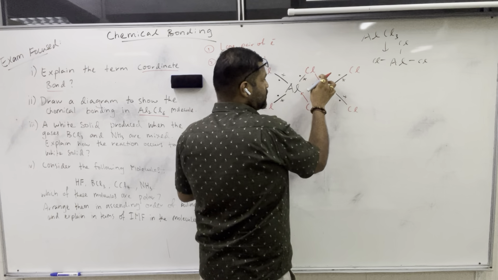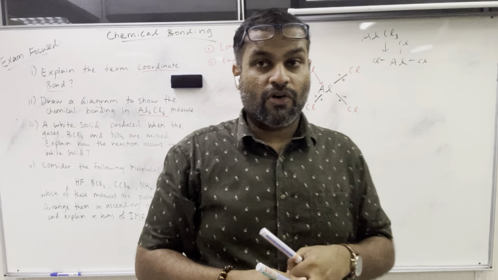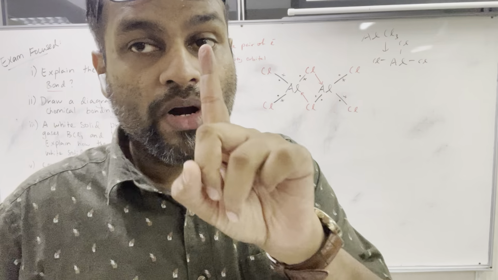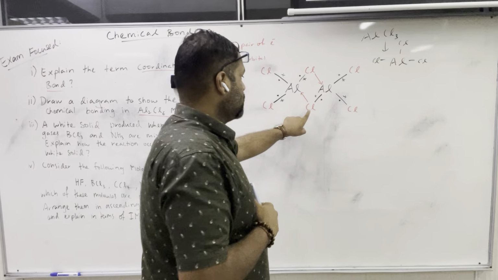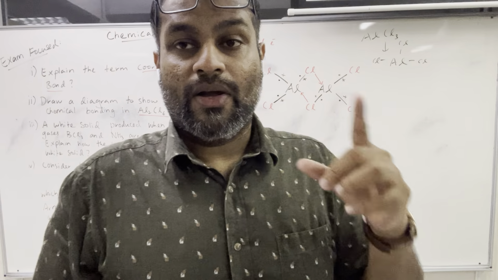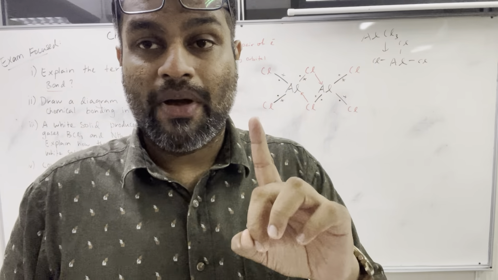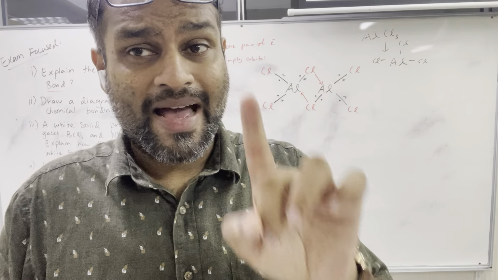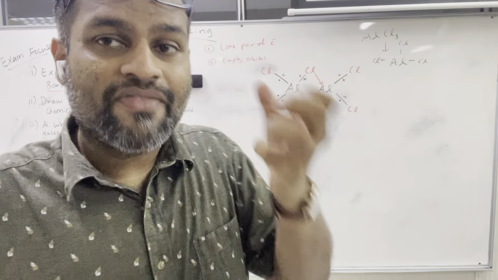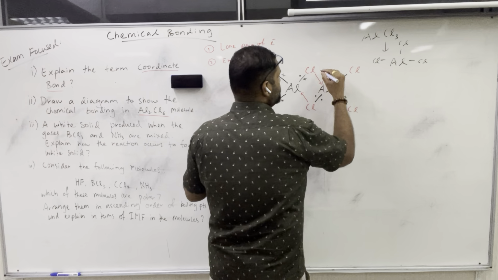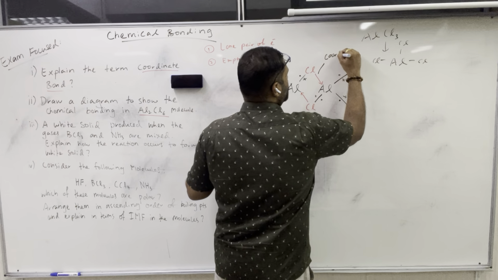This is not electron sharing coming from both atoms. This is electron sharing coming from only one particular atom, which is your chlorine atom, because only chlorine can contribute the pair of electrons. Only chlorine, because it has a lone pair of electrons. Aluminium doesn't have a lone pair of electrons, but aluminium has an empty orbital to receive that lone pair of electrons to form the coordinate bond. So you can see this is the coordinate bond that I am talking about.